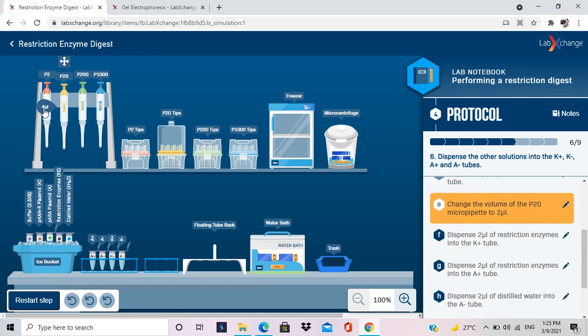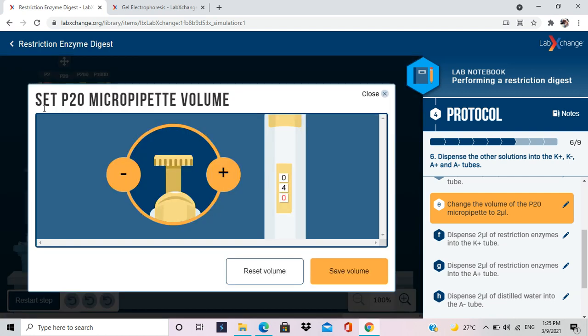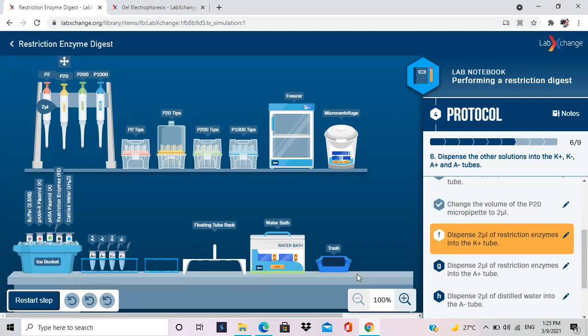After that, I change the micropipette to 2 microliters and attach the tip again and draw up the restriction enzyme to the first stop and release it to the K plus tube.